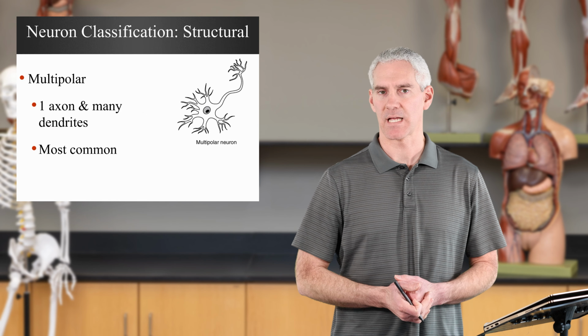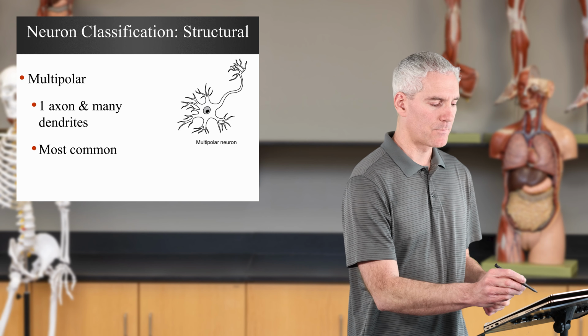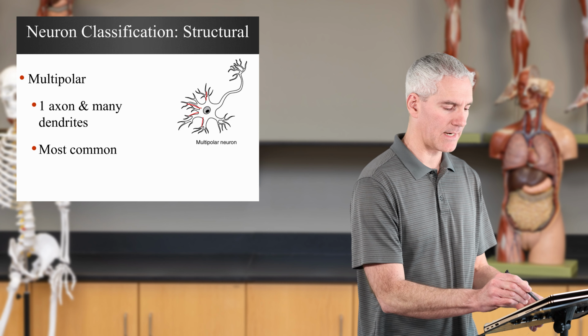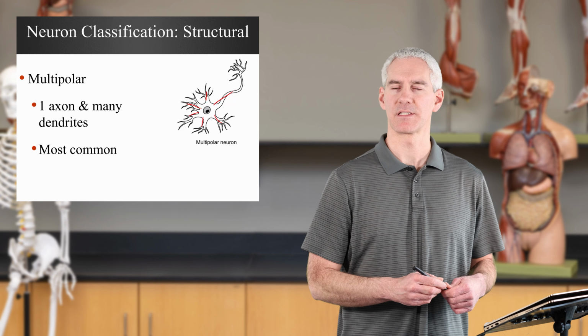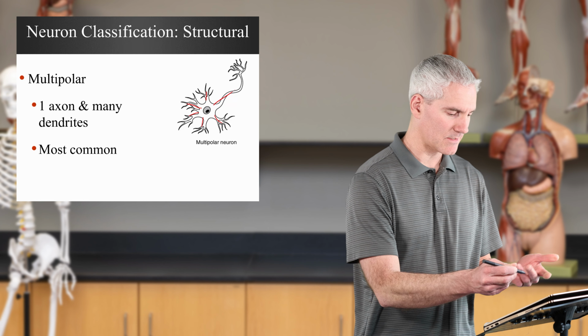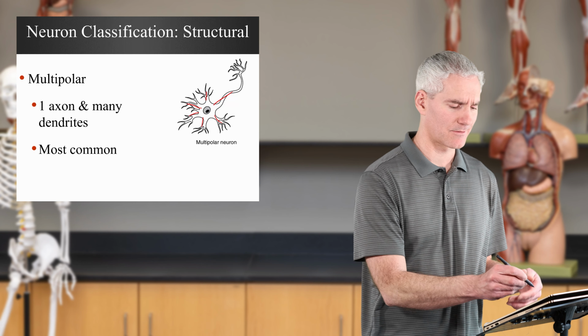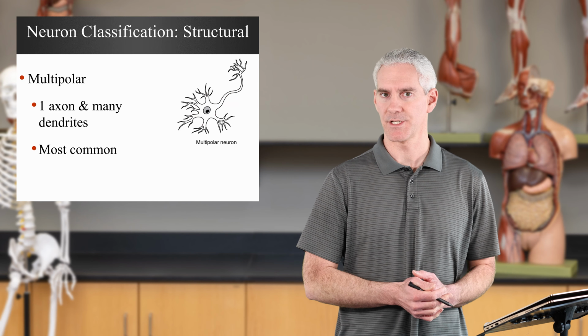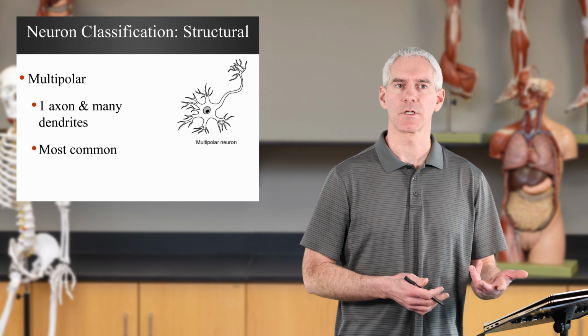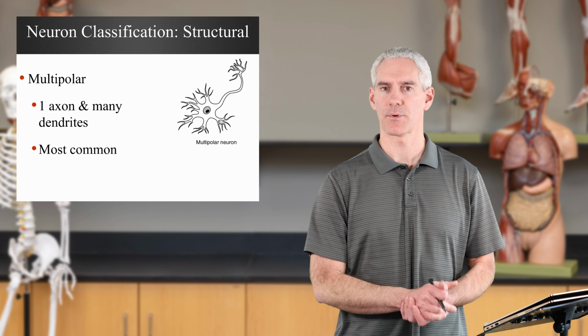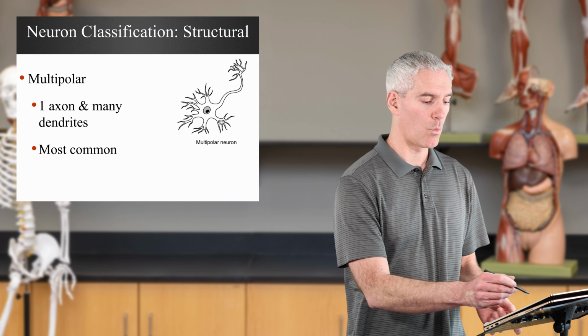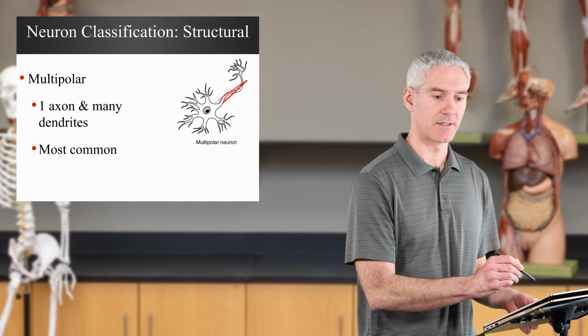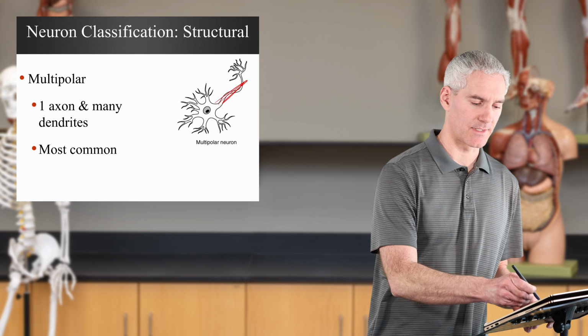And here's the multipolar. Multi because you can see all the different branches coming off of the cell body. Now this one has what, 1, 2, 3, 4, 5, 6, 7 there. It could have 10, could have 3, whatever. It's more than 2. Multipolar just means it has 3 or more processes. It'll have the one axon, which is this thing, and all the rest are dendrites.